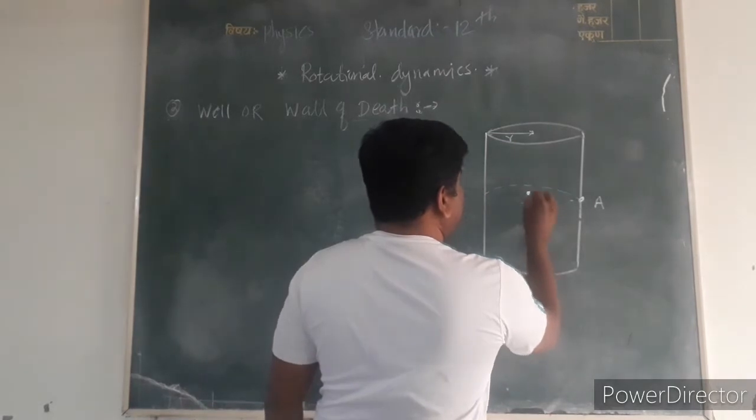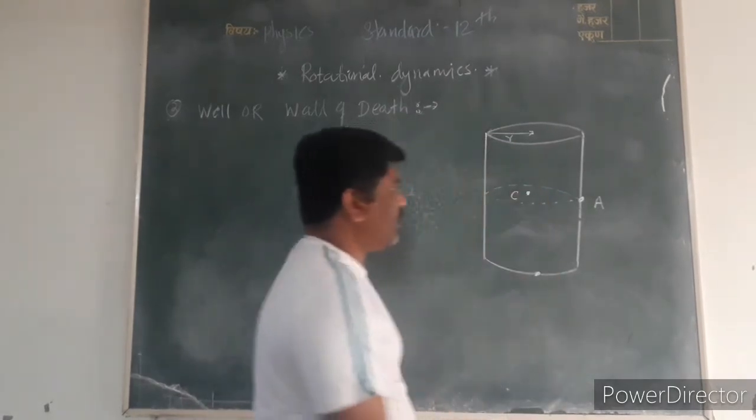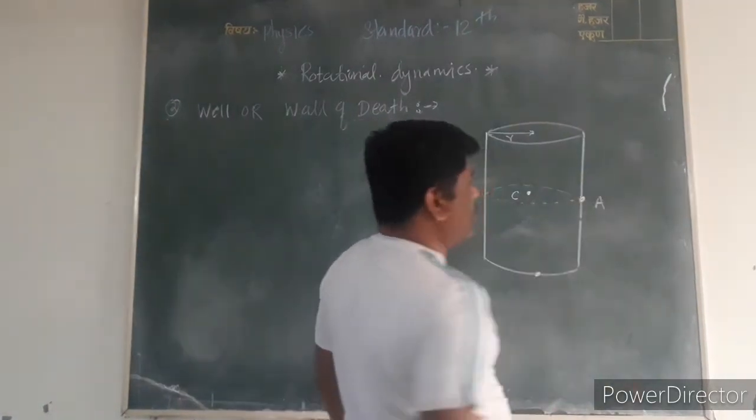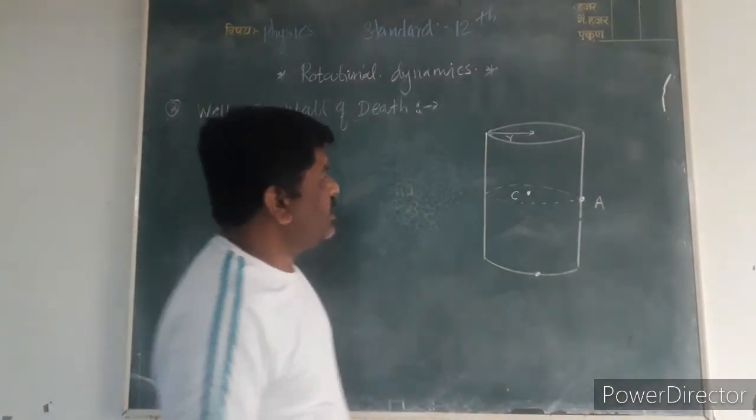Suppose this is the center C, and we assume that the vehicle is at point A.